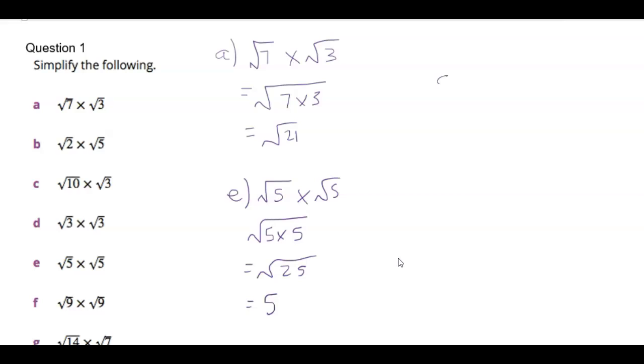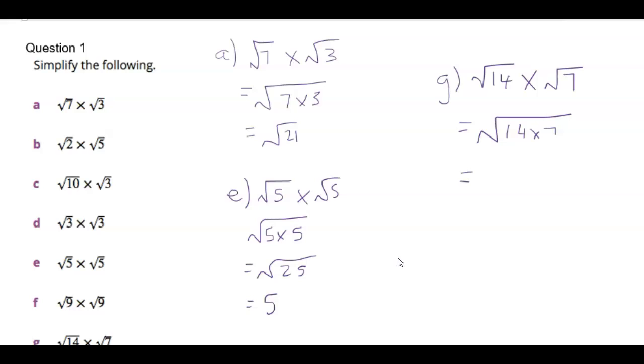All right, let's do G, because I can just see it at the bottom there. The square root of 14 times the square root of 7. So under here we have 14 times 7. Now 14 times 7 is a little hard to do, so you can do it on the side or in your head.